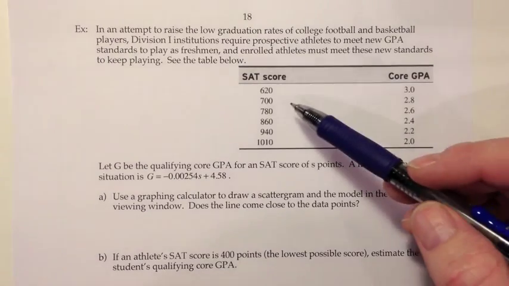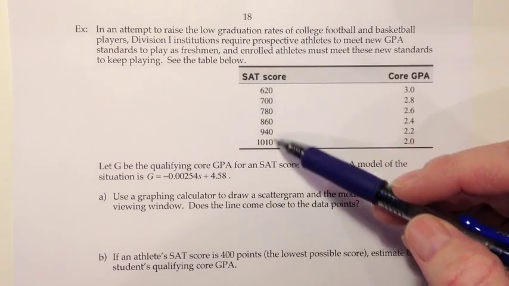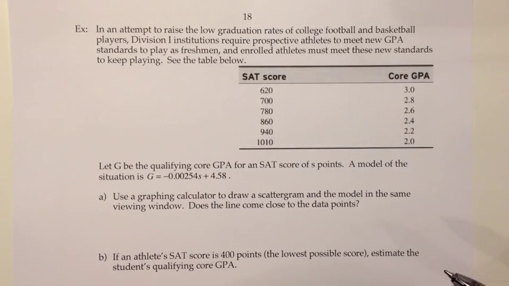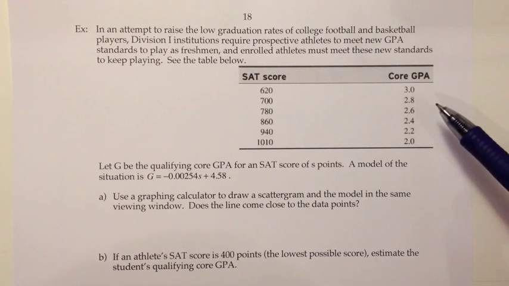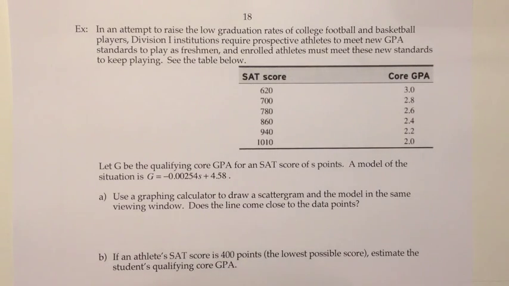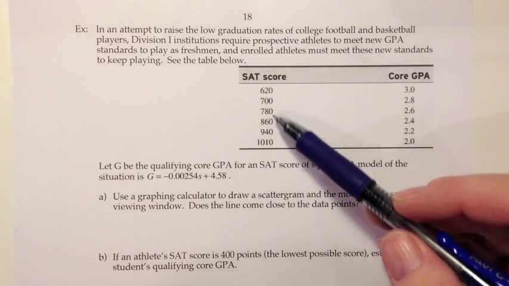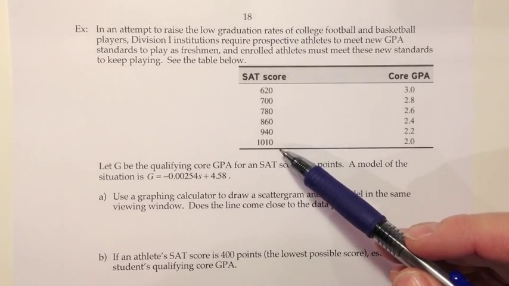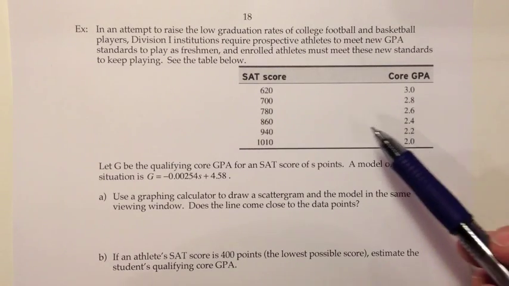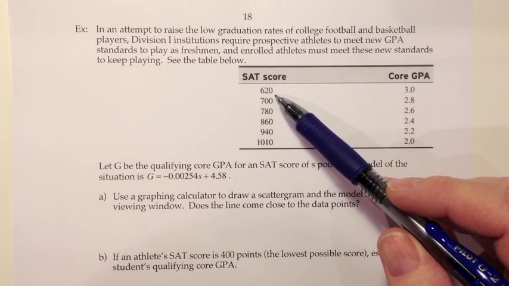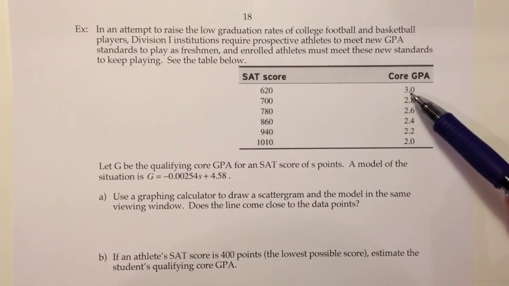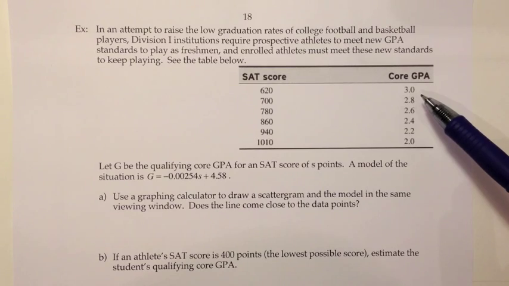So they list an SAT score, and we have 6 of those, 620, 700, 780, 860, 940, and 1010, and then a core GPA. What they're saying is that if your SAT score is higher, you would be able to play in college athletics even with a low GPA. But if you get a low SAT score, then to still play, you'd have to make up for that by having a high GPA.